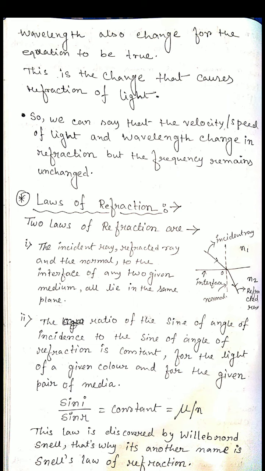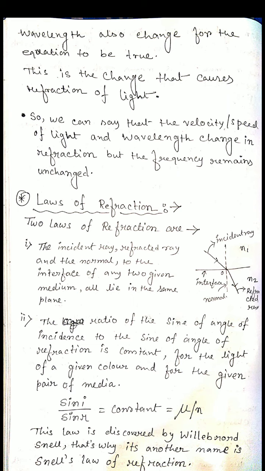That means sin i by sin r equals a constant, where i is the angle of incidence and r is the angle of refraction.